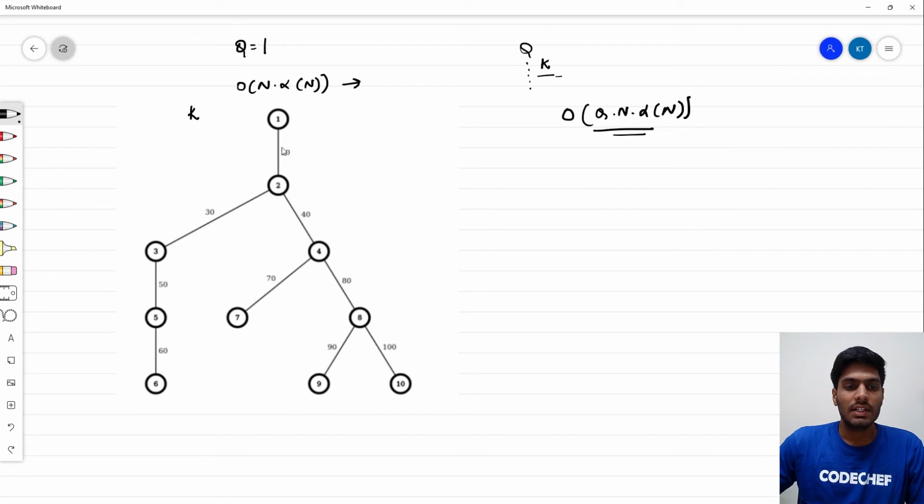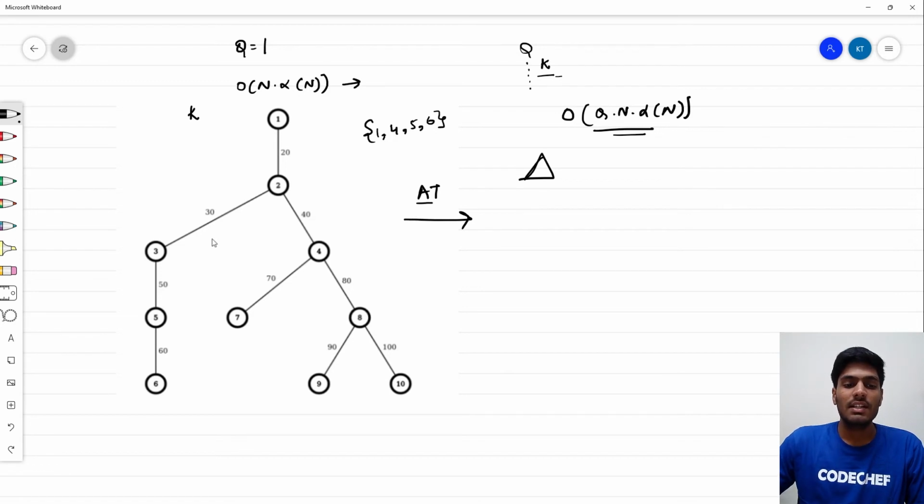What we'll do is, if we are given k vertices in this tree, let's say we have 1, 4, 5, and 6, we decompose this tree into a shorter tree, which is known as the auxiliary tree. This auxiliary tree is basically closed under the operation of LCA.